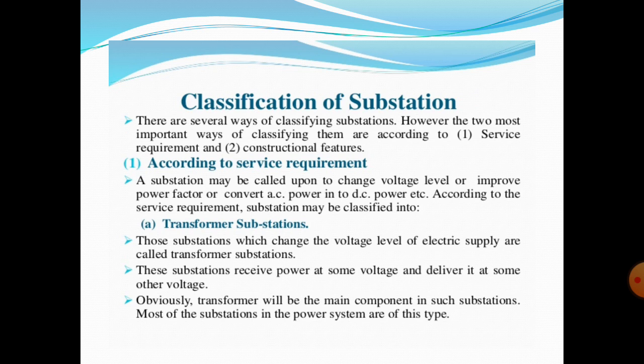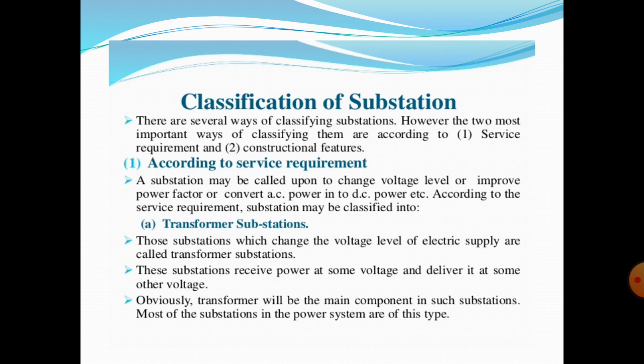First one is the transformer substation. A transformer substation is one which changes the voltage level of the electric supply. In this substation the transformer is the main equipment for transferring the power from one place to another place. There are two types of transformer: step up transformer and step down transformer.